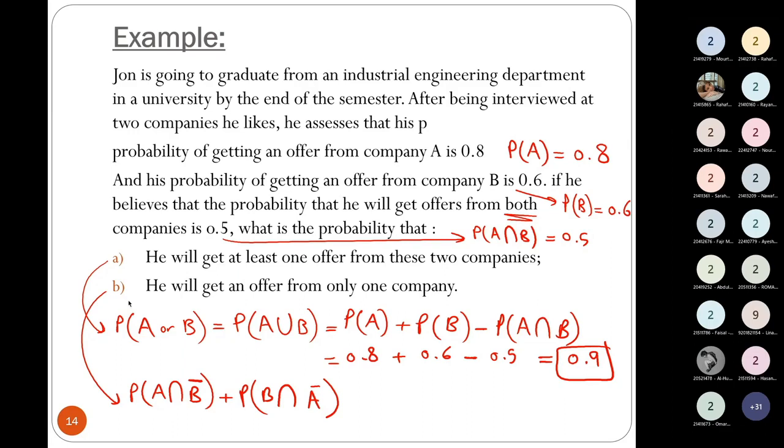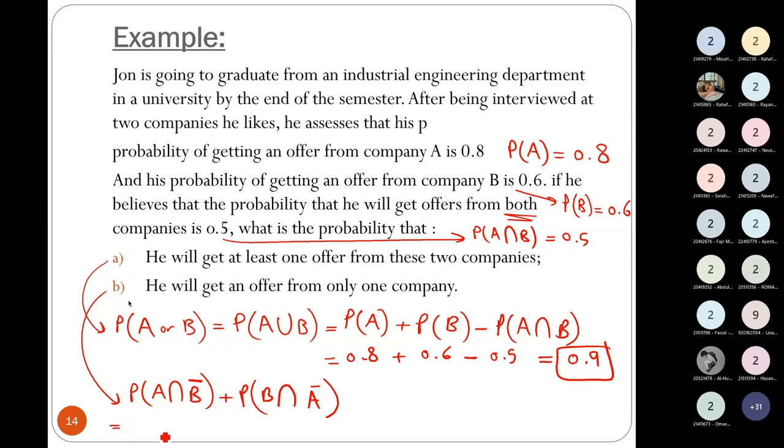That is, company A accepts John but B rejects, or B accepts and A rejects. So we have only one offer, from one company.